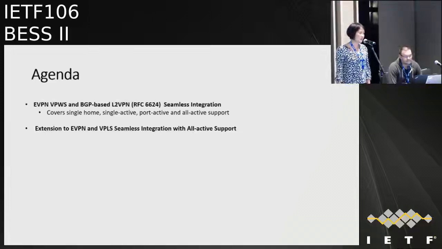The second topic is an extension to the existing EVPN VPWS multipoint-to-multipoint seamless integration. The current RFC does not cover the hybrid or composite PE with CE doing active-active multi-homing. So this is just an extension to the existing RFC for active-active support.